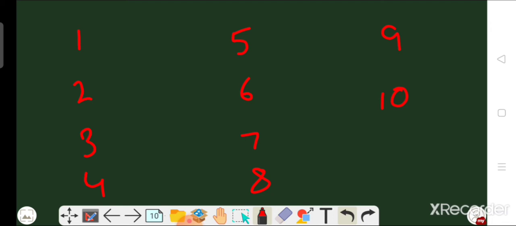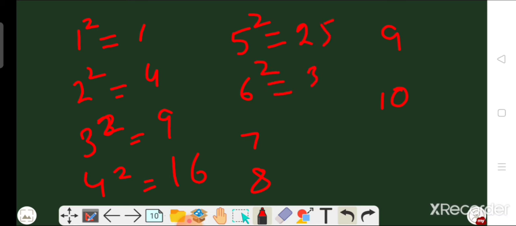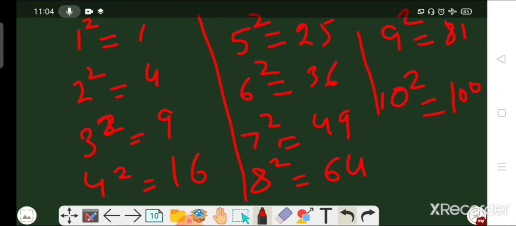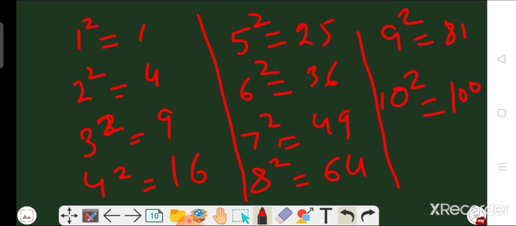If we square all these, 1 square is equal to 1, 2 square is equal to 4, 3 square is equal to 9, 4 square is equal to 16, 5 square is equal to 25, 6 square equal to 36, 7 square equal to 49, 8 square equal to 64, 9 square equal to 81 and 10 square equal to 100.